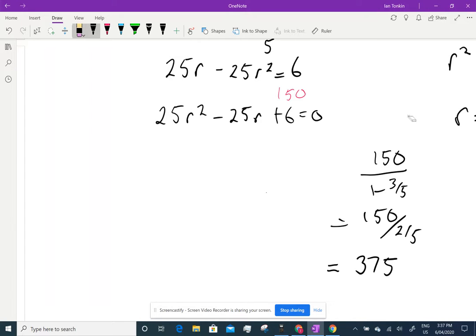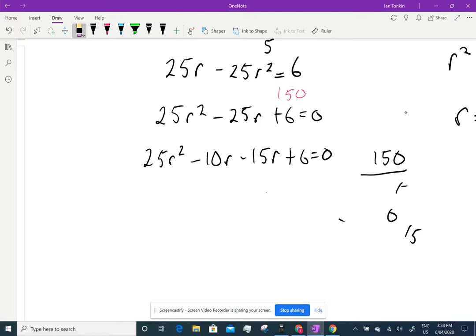All right, so 25R squared minus 10R minus 15R plus 6 equals 0. So take 5 out of that.